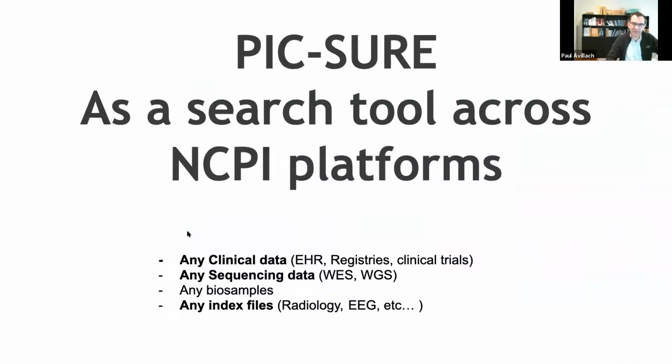Taking this into account and looking at how this great conference went with all the requests for search, definitely PIC-SURE could be one of the options to search across the different NCPI platforms by being able to query and extract any kind of clinical data, EHR, registry, clinical trials, connecting also with the FHIR API, any sequencing data, any biosamples, and any index files about radiology, MRI, EEG, any kind of files that can be indexed to know where those files are.